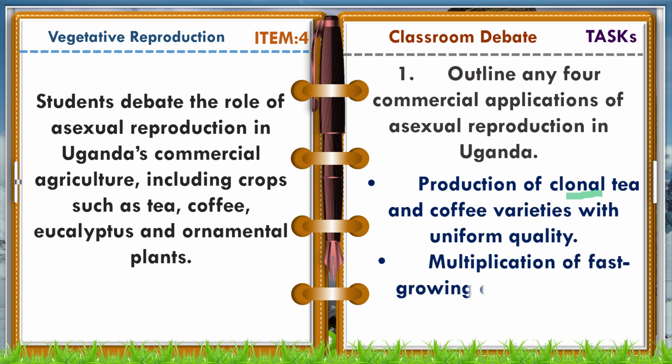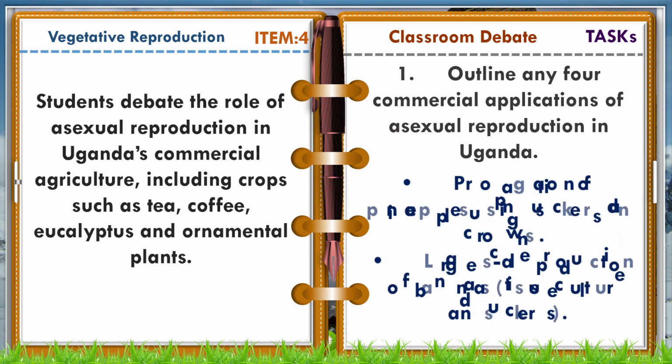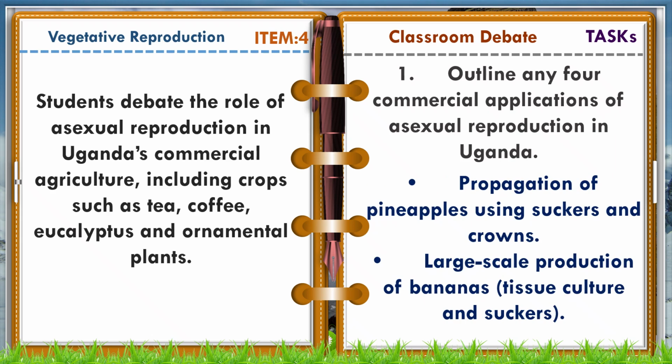Production of tea and coffee varieties with uniform quality. Multiplication of fast-growing eucalyptus for timber and poles. Propagation of pineapples using suckers and crowns.